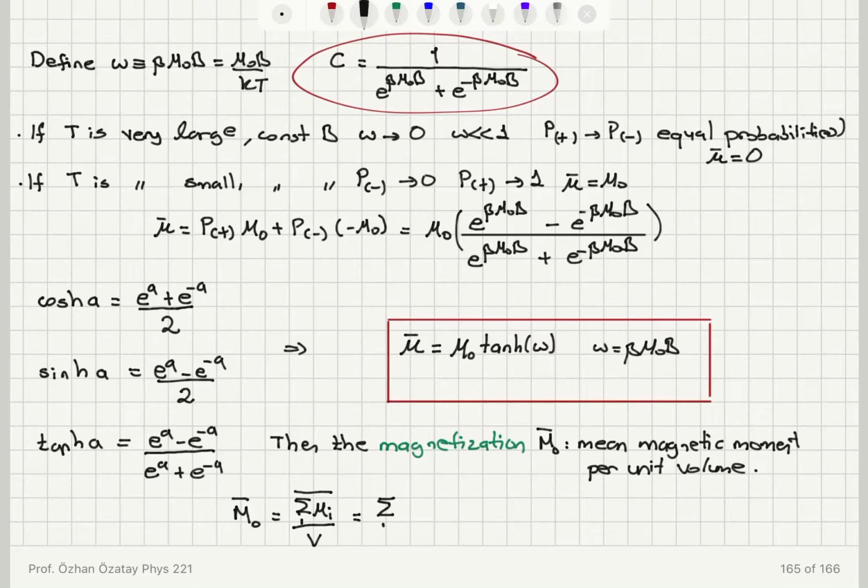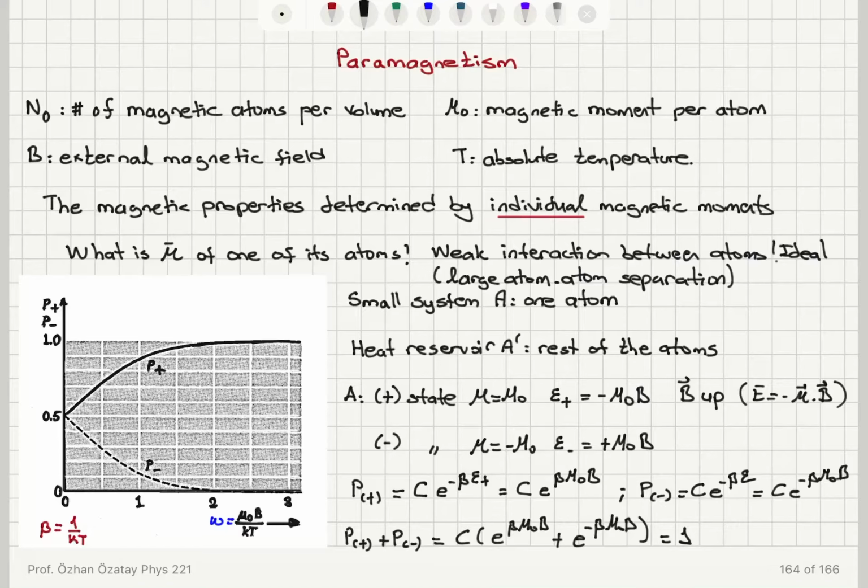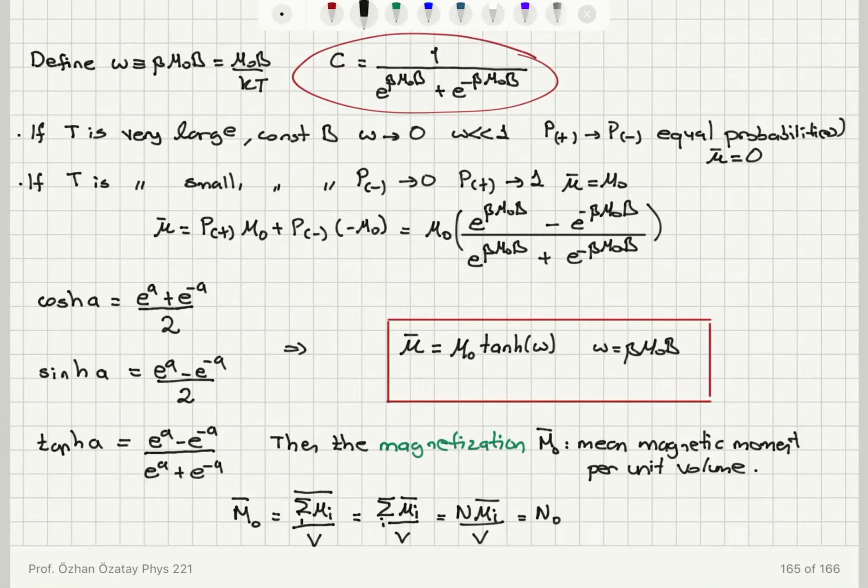Basically, this is going to be the sum over all average moments per atom divided by V. It will simply be n times mu i bar divided by V, which is n0, the number of magnetic atoms per unit volume, multiplied by mu i bar, where mu i bar for the ith atom will be equal to the mu bar that I calculated, the mean value of magnetic moment per atom.